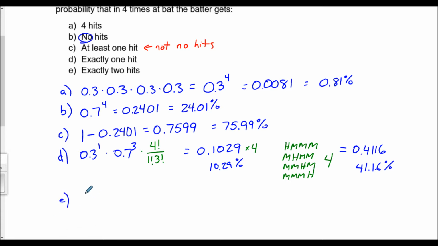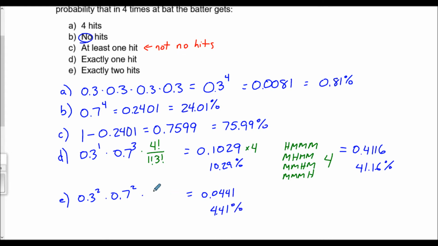Alternately, if we're looking for exactly 2 hits, well, same kind of procedure. 2 hits, 2 misses. Now I'm going to leave this open. That's going to give us 0.0441, or 4.41%.